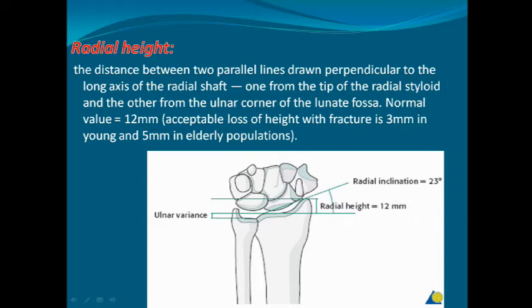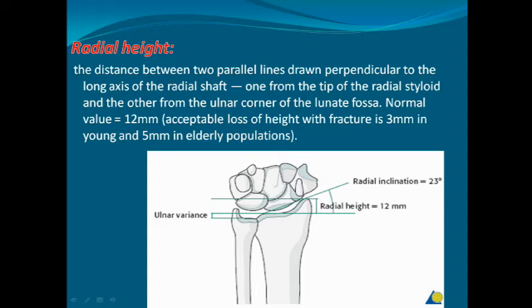This is the scaphoid fossa, and the lunate fossa is somewhere here. So from the lunate fossa we draw a transverse line, and from the tip of the radial styloid we draw a line. The distance we get, we call radial height. Normally it is 12 mm.